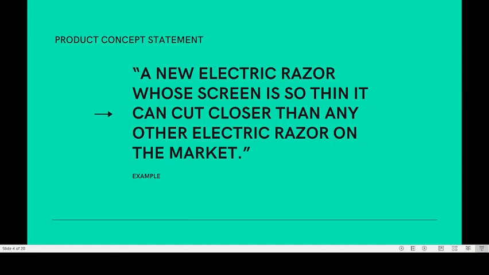So if you can see here, the form would be a new electric razor. For technology, the screen is so thin it can cut closer than any other electric razor on the market. The benefit is similar to the technology, where it can cut closer than any other electric razor. It means that it is not similar to other products in the market, so it is proved beneficial to the customers.